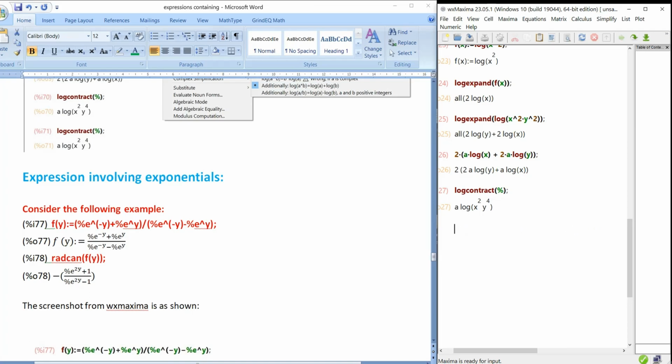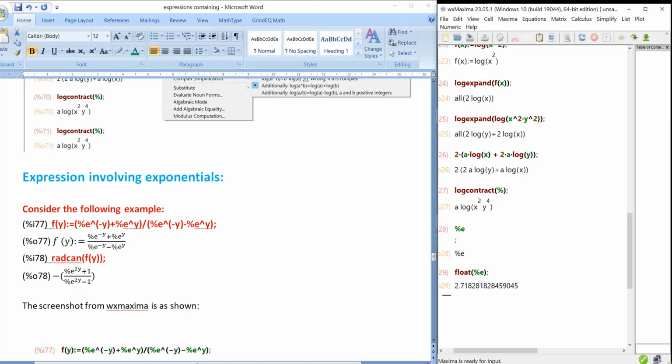Percent %e stands for, I erase this function. Let me show you what is percent %e. Percent %e. Shift enter. This is percent %e value. This is the same exponential number that you deal with. How to check it? Suppose I write function float and inside I write percent %e. Shift enter. This is the value of e.